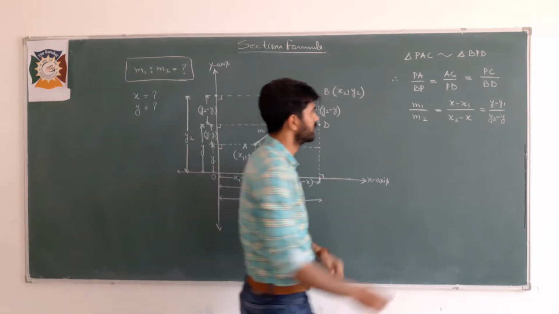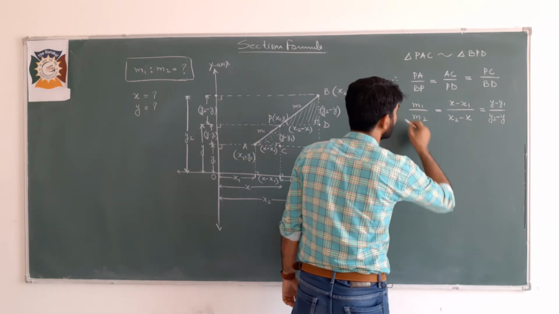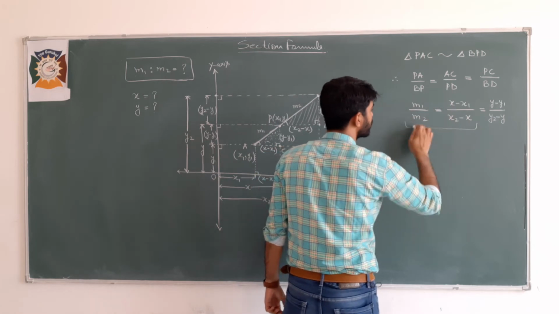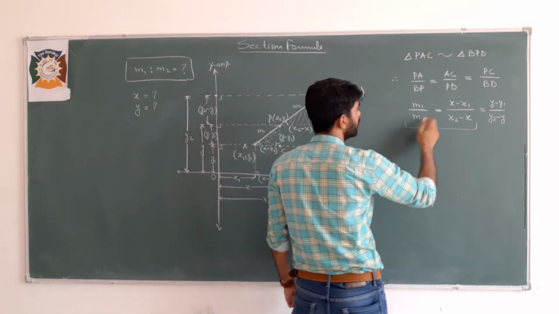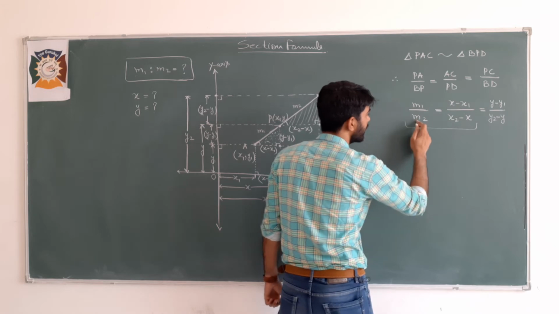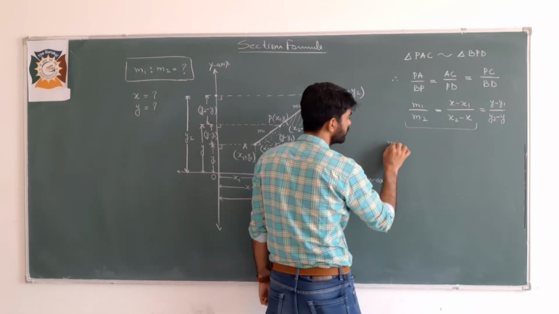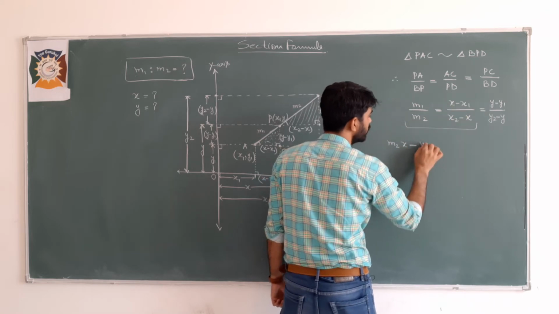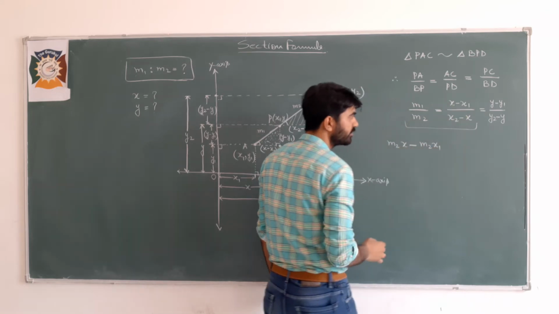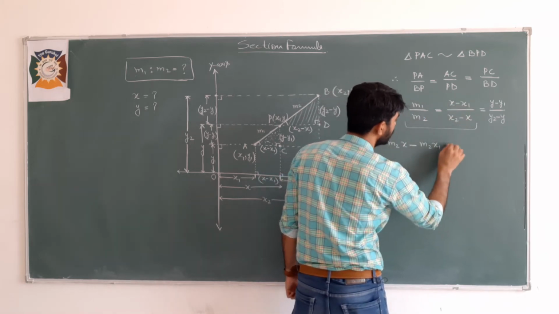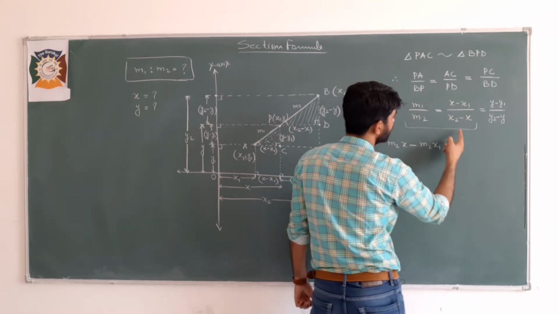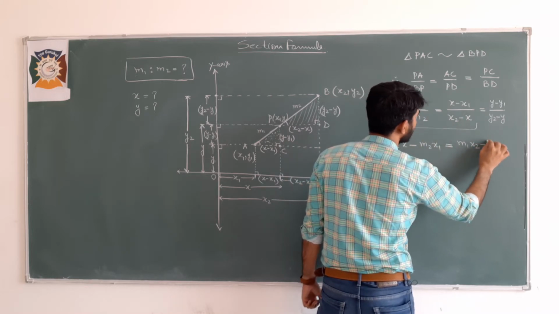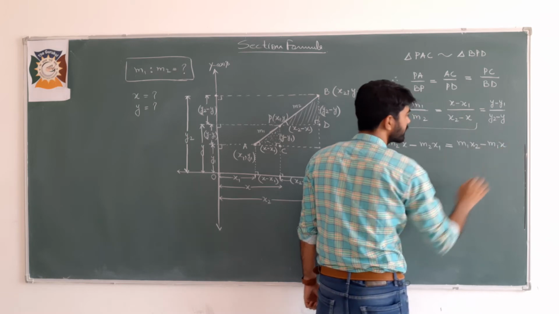So from here, if I take this much only and cross multiply, what we will get: m2 into x minus m2 into x1 is equal to this into this, m1 into x2 minus m1 into x.